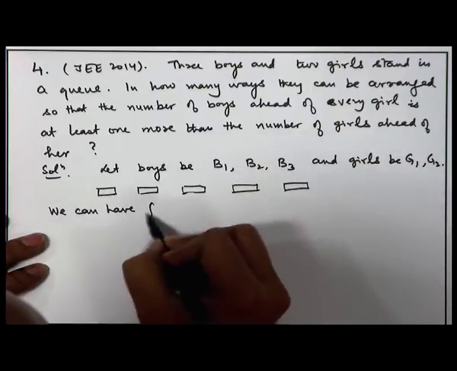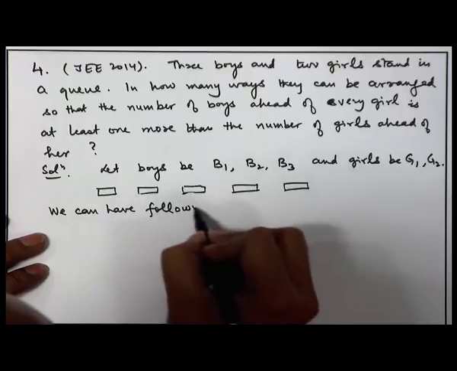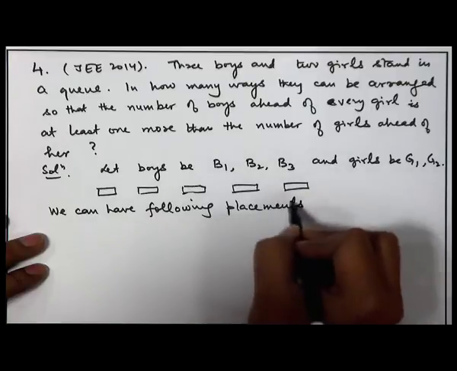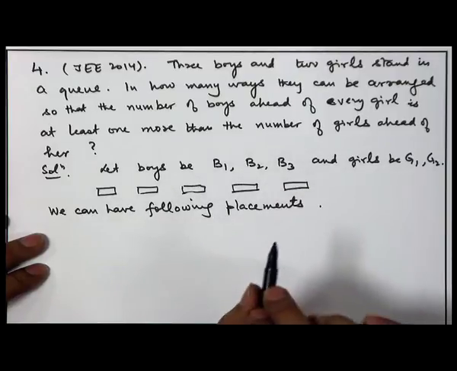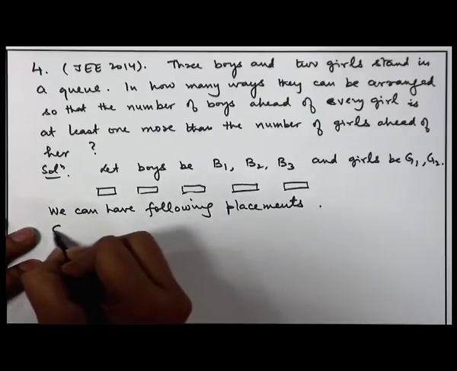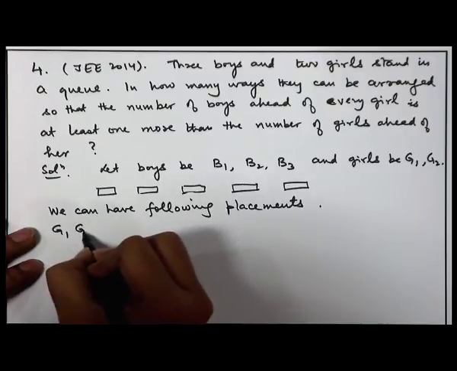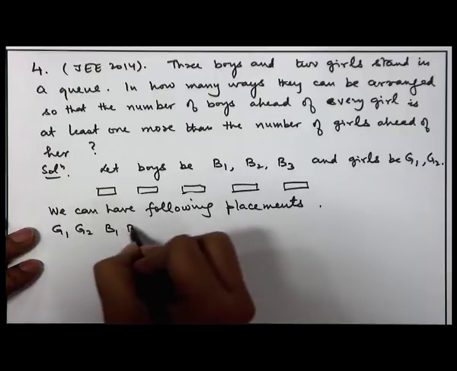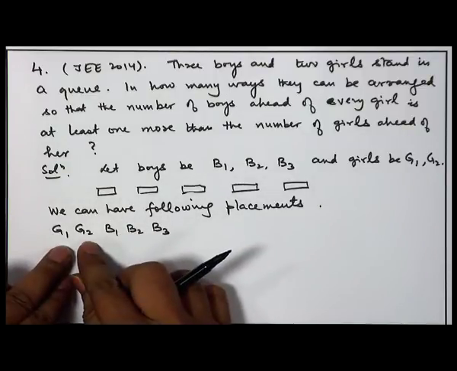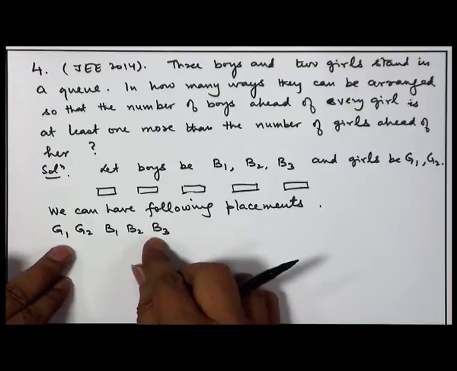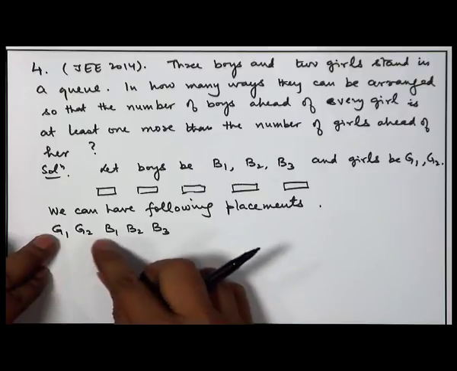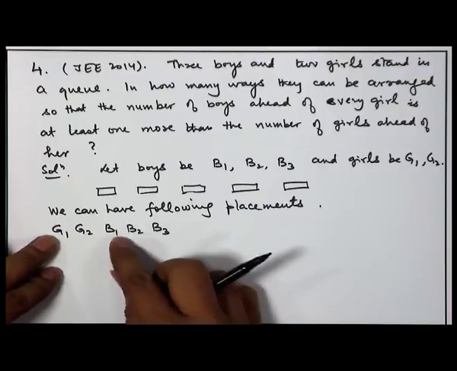We can have the following. We have to keep track of the condition. Suppose I consider G1, G2, B1, B2, B3. That means firstly 2 girls are standing and then 3 boys. Now ahead of G1 you have 1 girl and 3 boys.